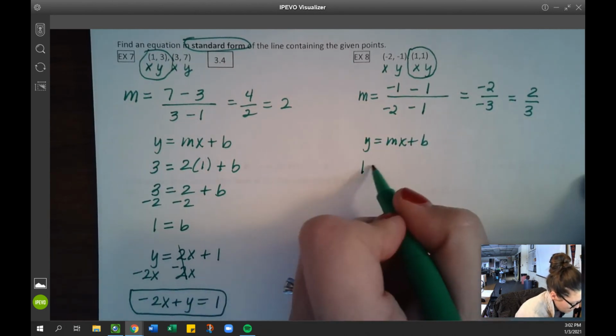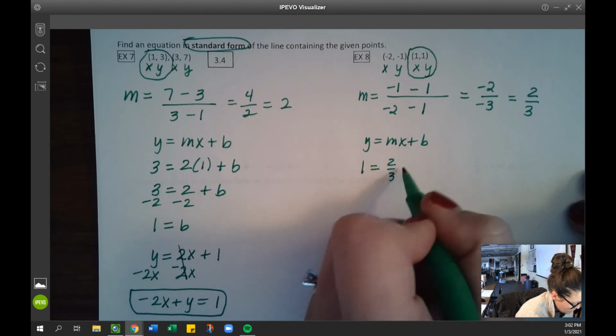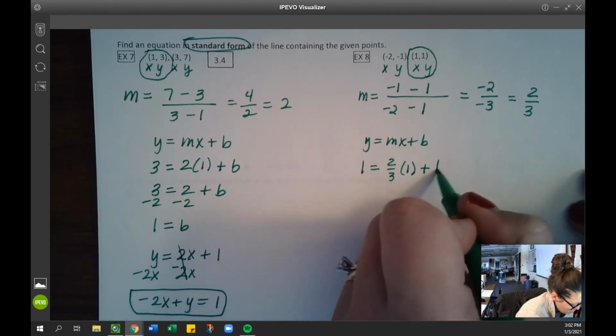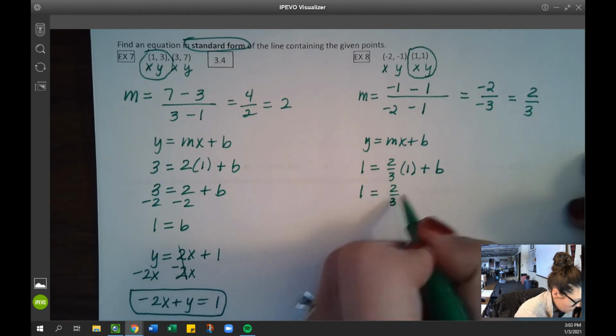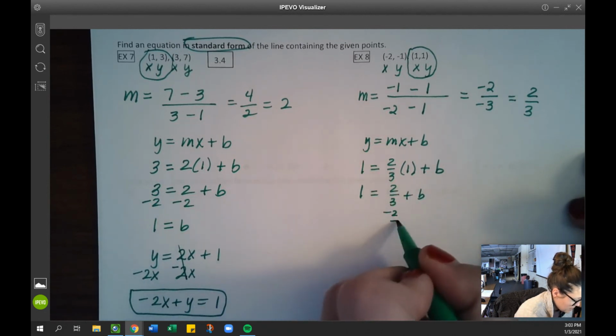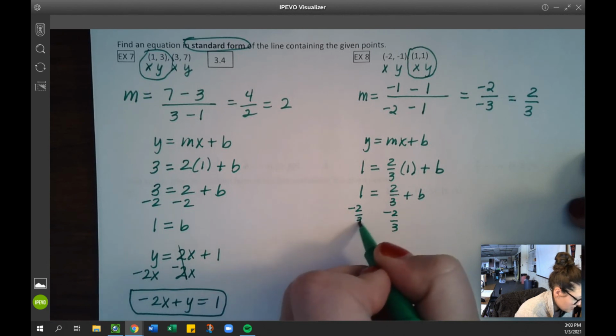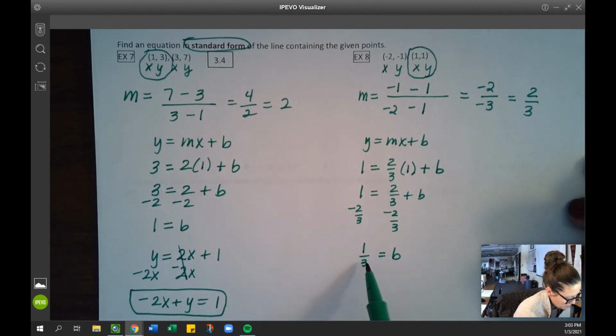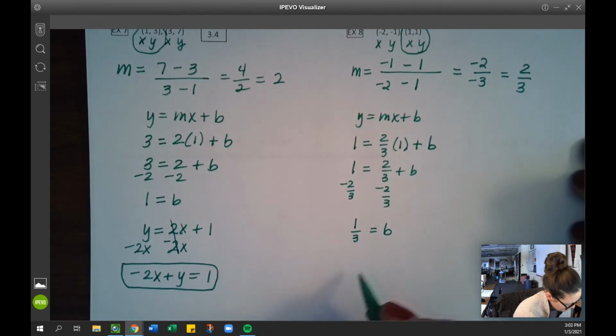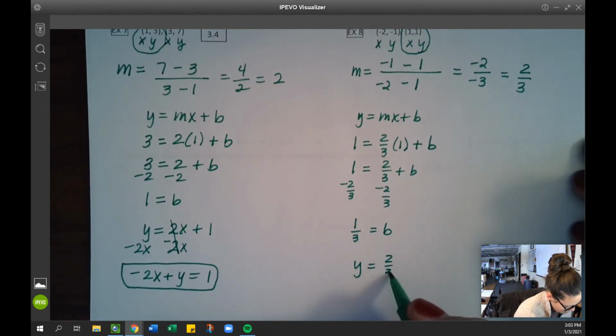So y is 1, m is 2/3, x is 1, and b is what we don't know. So 1 equals 2/3 plus b. I need to subtract 2/3 from both sides. Well, 1 minus 2/3 is just 1/3. So 1/3 is b. So there's my m, there's my b. y equals 2/3 x plus 1/3.